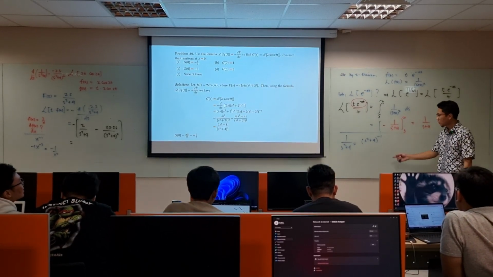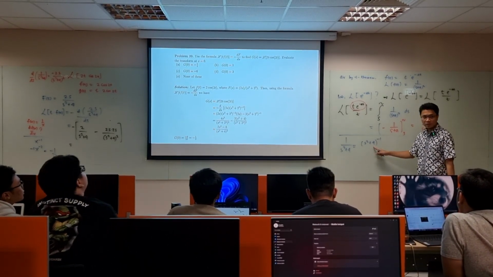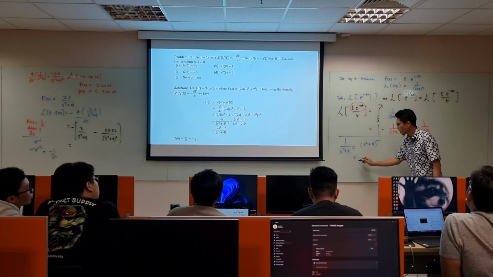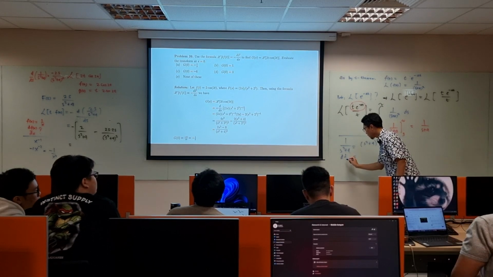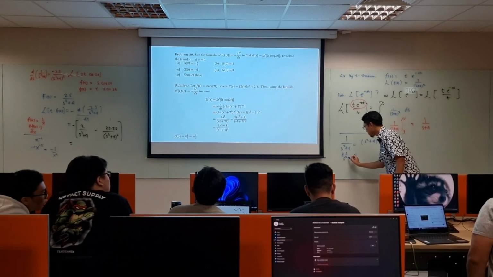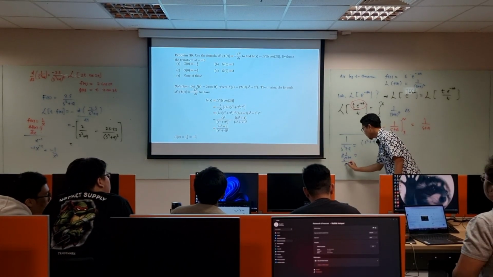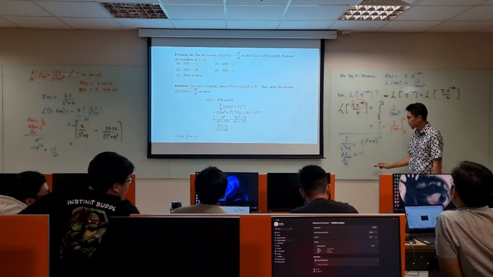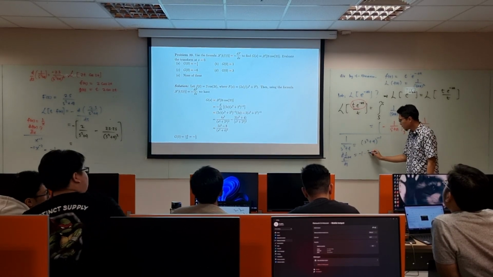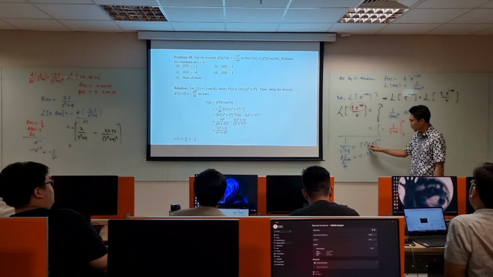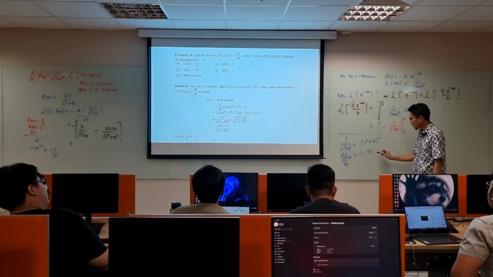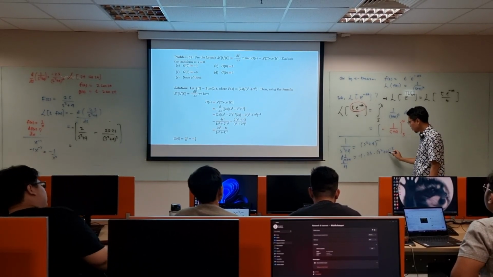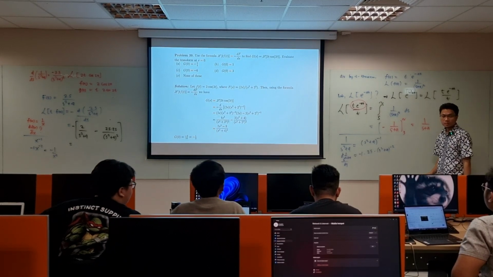So take the derivative of this, you get the -1 first, and then you have 2s coming from here, and then multiply by s squared plus 4 to the power of -2.